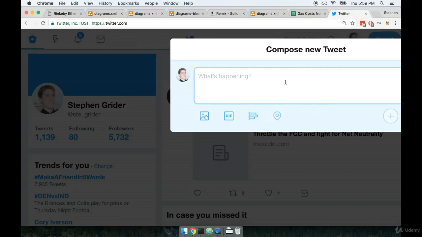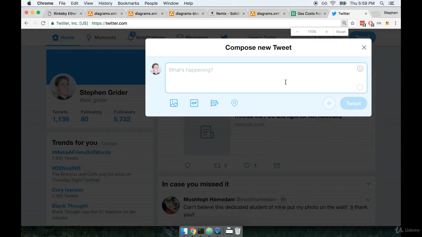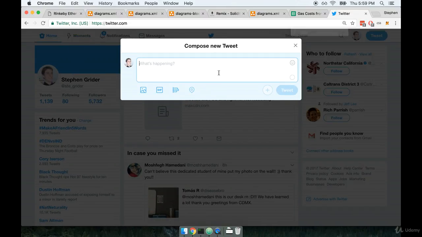When I submit this tweet right here, in theory, maybe we want to store the tweet on the blockchain. So I would be forced to pay some amount of money just to make a tweet. How often do you think people would use Twitter, or Facebook for that matter, or write emails if they had to pay for every message that they wanted to send out? Well, probably not that often.